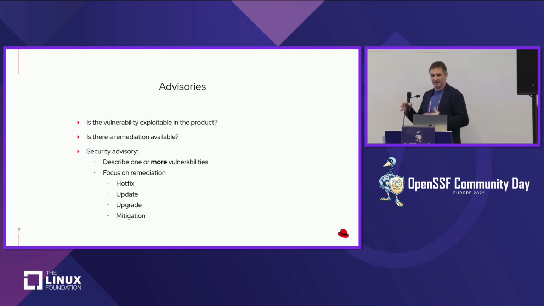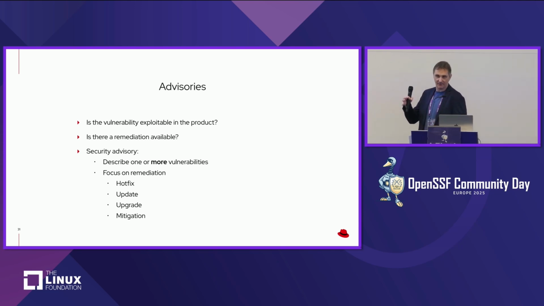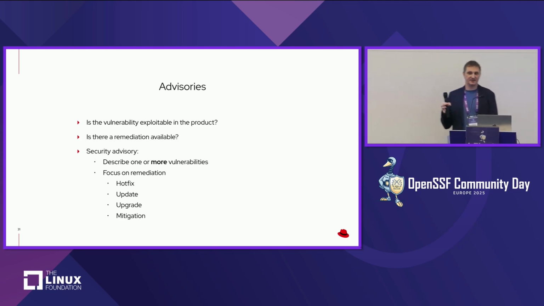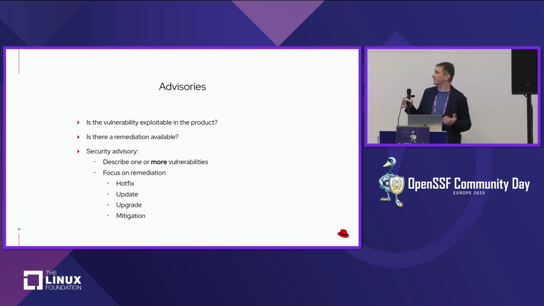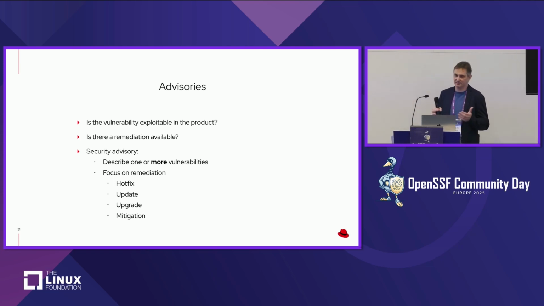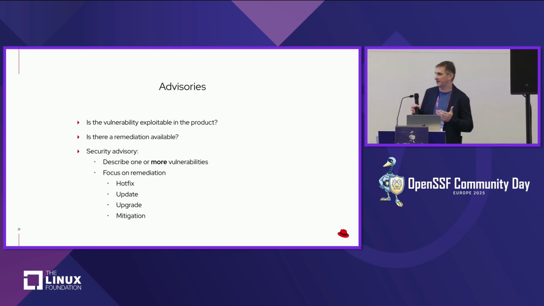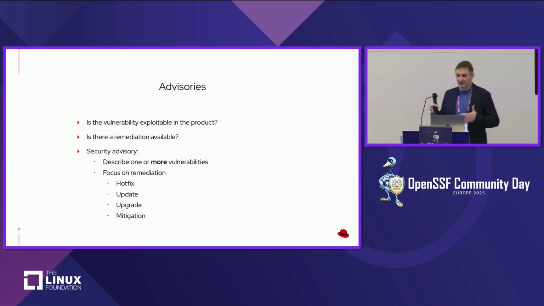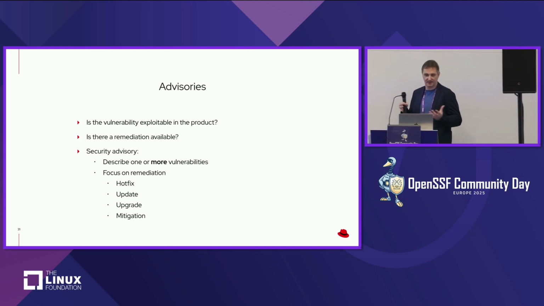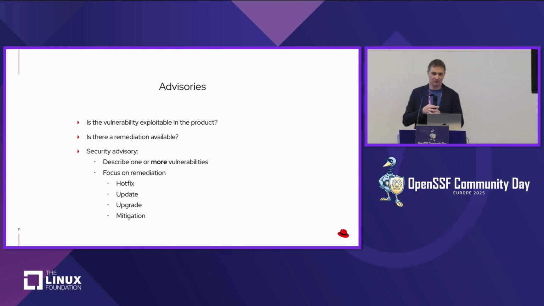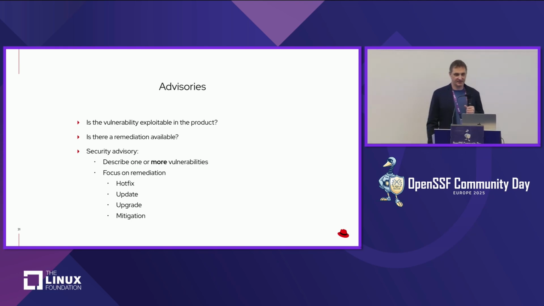It will usually mention all the vulnerabilities found, but also the status of remediation of that vulnerability in that product, right? And those remediations can be different. It can be just a simple mitigation by using a different kind of configuration. It can be a hotfix from the vendor, or it needs a full upgrade to remedy the certain vulnerability.